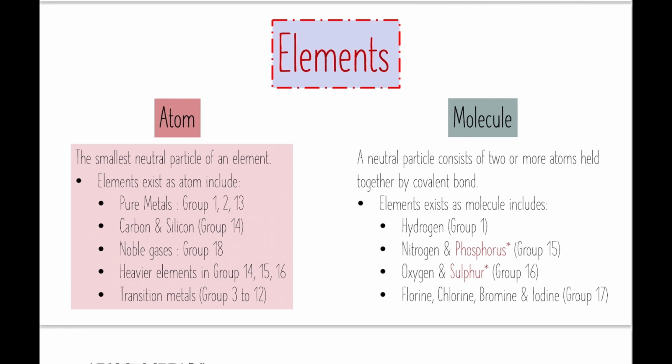Elements can either exist naturally as atoms or molecules. An atom is the smallest neutral particle of an element. Most of the elements in the periodic table exist as atoms, which are metals, with the inclusion of carbon and silicon from group 14, and noble gases, which is group 18.